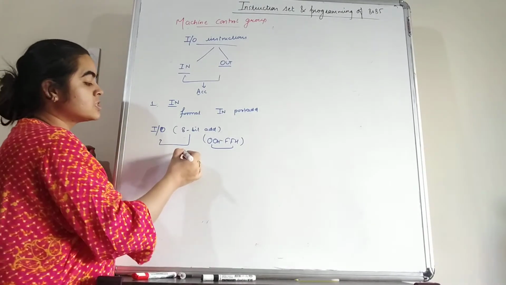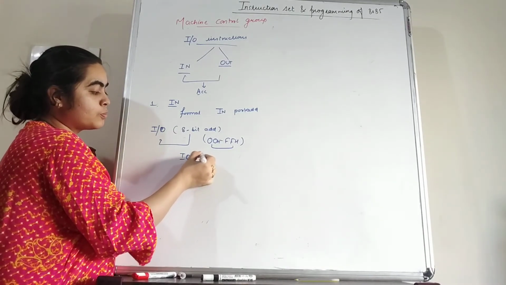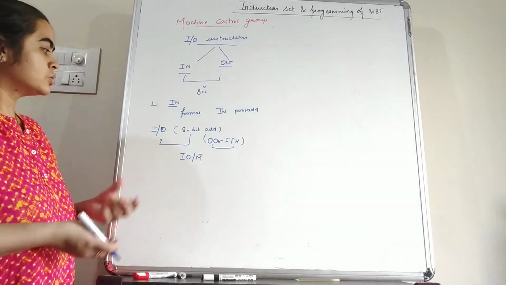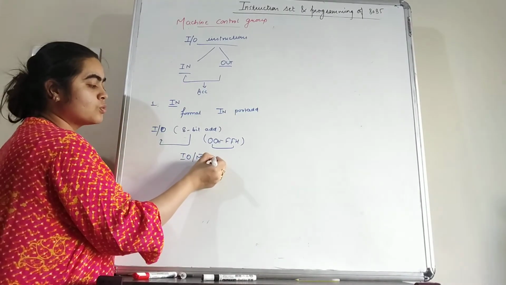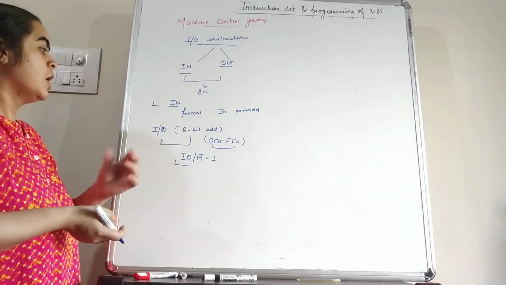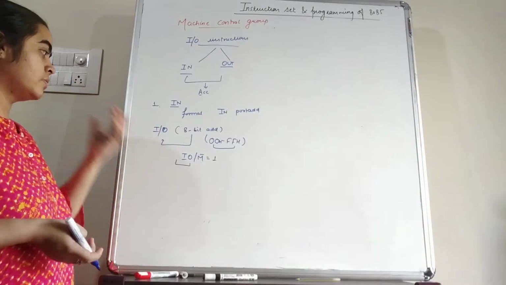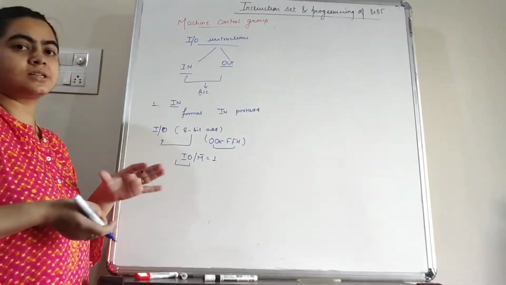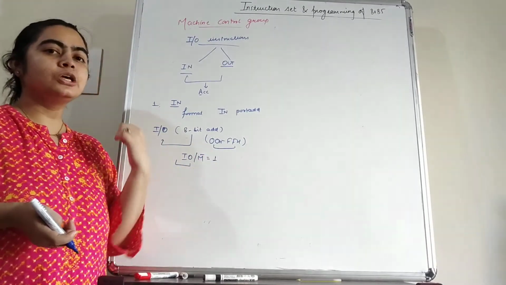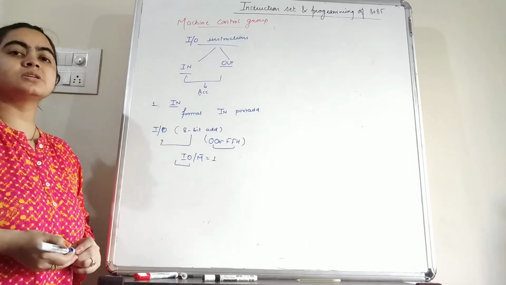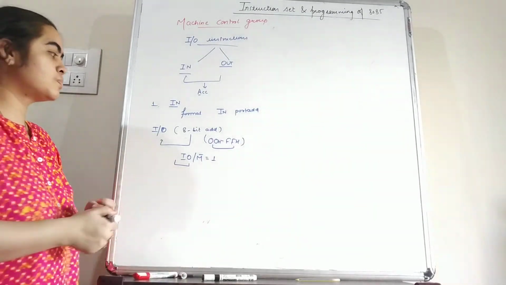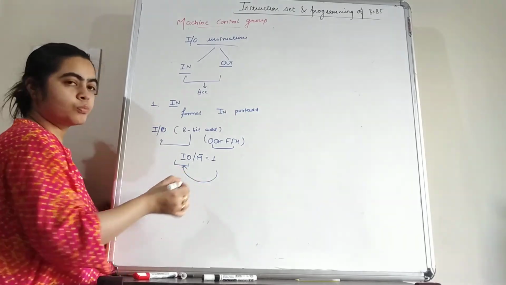See students, in the pin diagram of the microprocessor, you have all studied the pin IO/M. If this is equal to high, that means we are talking about input output devices. When an address is present on the address bus and IO/M bar is equal to 1, the microprocessor comes to know that the address present on the address bus represents an input output device.